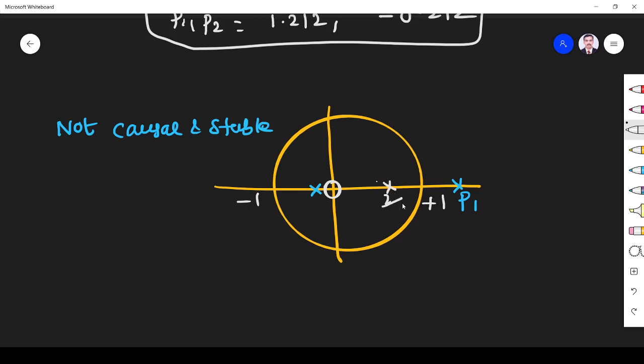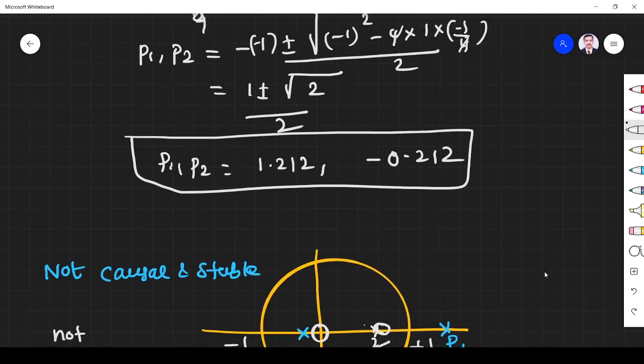So all the poles and zeros must lie inside. But again here, one pole is lying outside. So it is not minimum phase also. So the given system is neither causal and stable nor minimum phase.